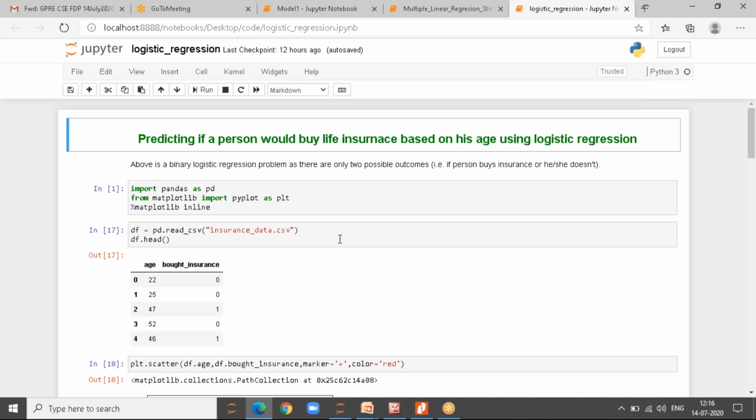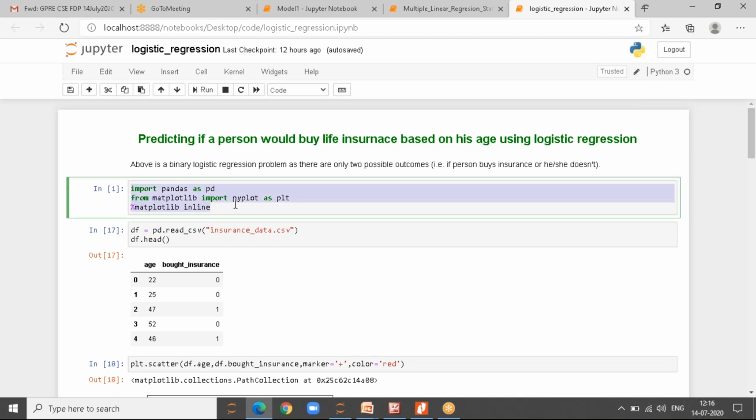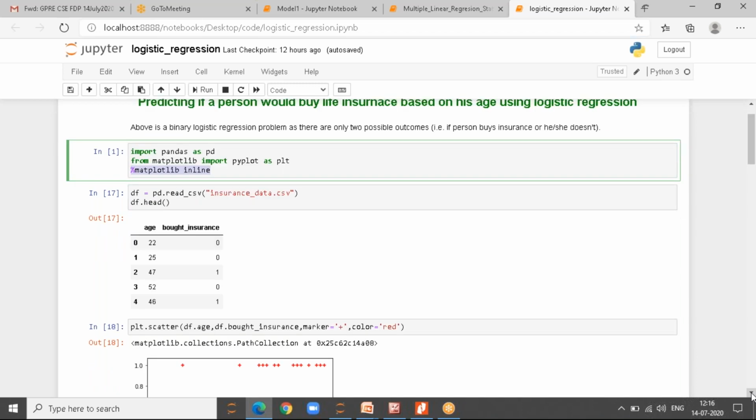I have taken some sample data set from Kaggle.com, and just import all the needed libraries that you require, like pandas and matplotlib. The purpose of writing the line matplotlib inline is that wherever I want to make use of matplotlib, this reference can be used in any one of the cells.